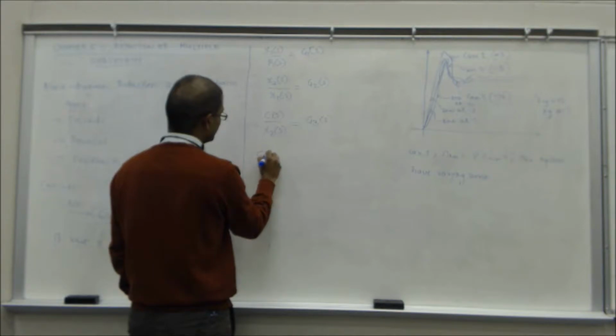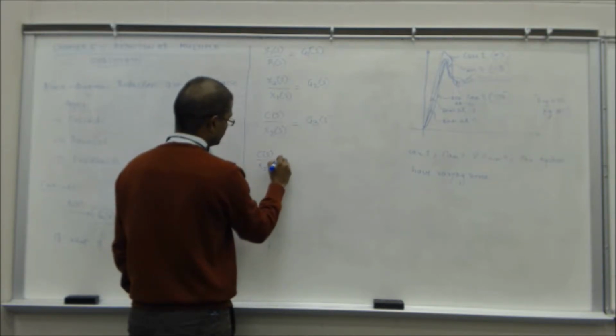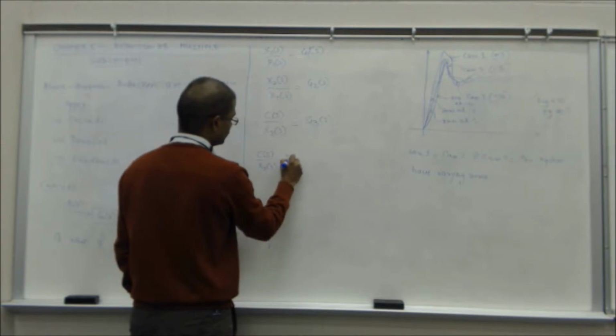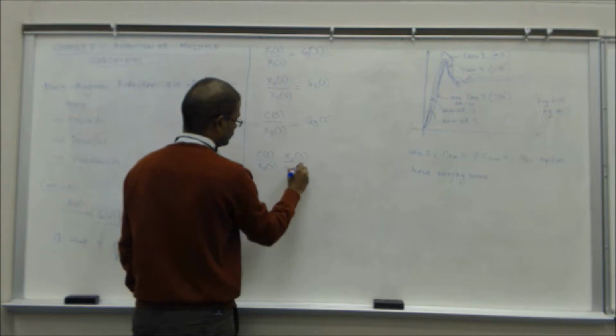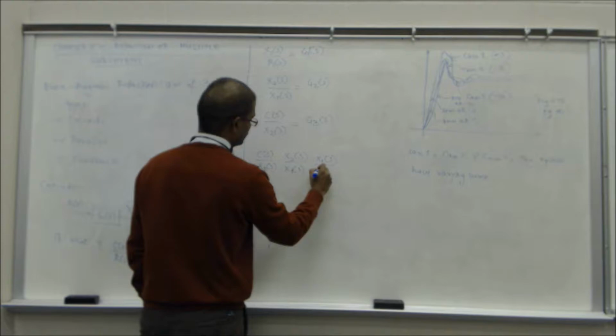So what do you do? You do C of S over x2 of S into x2 of S over x1 of S into x1 of S over R of S, right?